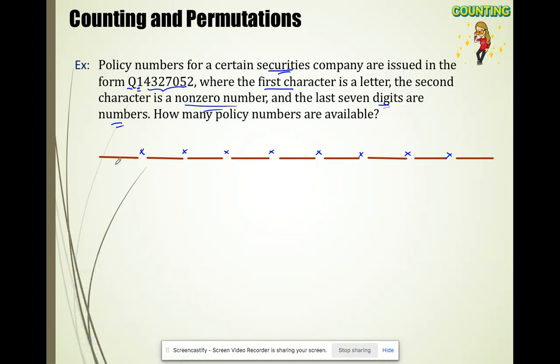How many choices for the first slot? In the first slot, how many different ways can that be achieved to get a letter in there? 26, right? For the second slot, second task, how many different ways can I perform putting a digit from 0 to 9 in here? How about the third through the 7th task?